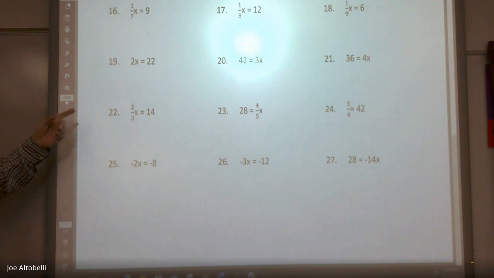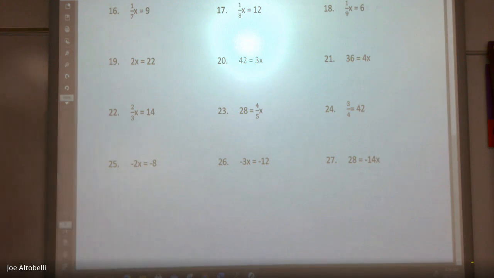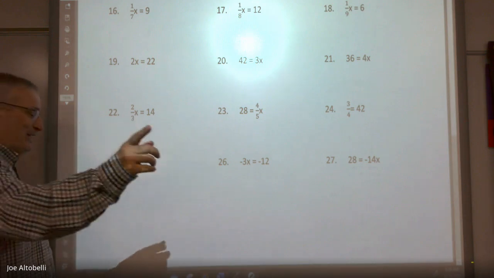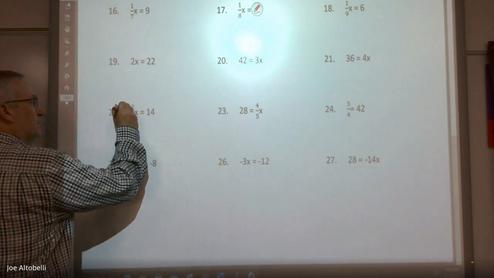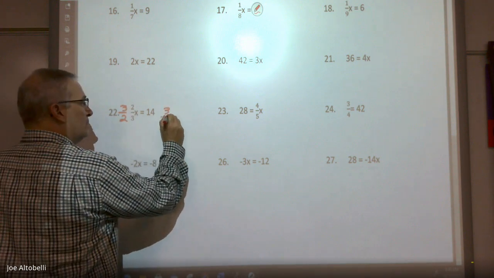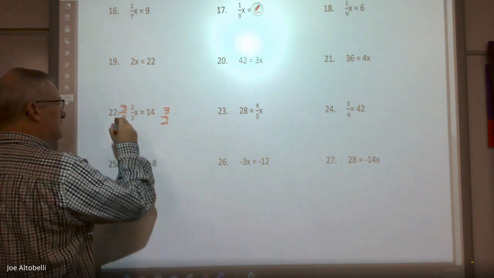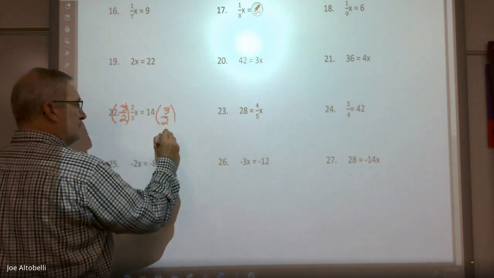So on 22, what are we going to multiply by? 3 over 2. We're going to multiply by the reciprocal, 3 over 2. I suppose I should put these in parentheses.